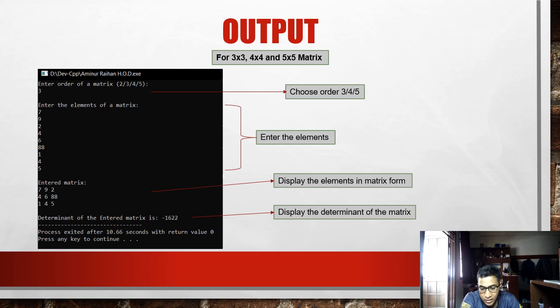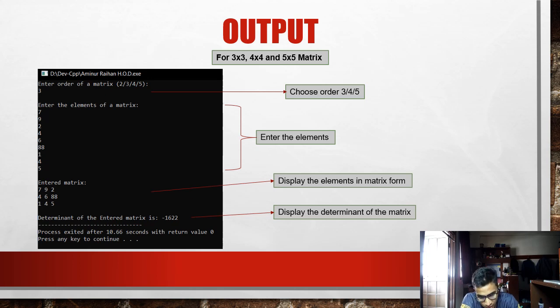Let's give a 3 times 3 example, which is easier to write and easier to put on the screen. I choose order 3. Enter the elements; all the elements I entered. Display the elements in matrix form. This is the elements in matrix form.